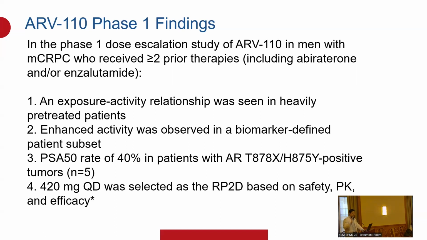These patients carry the AR T878X/H875Y positive tumor. They reported that 40% of patients, 5 of them, had a PSA reduction rate of more than 50%. Additionally, they found that 420 milligram QD was the optimal dosage based on safety, pharmacokinetics, as well as efficacy.